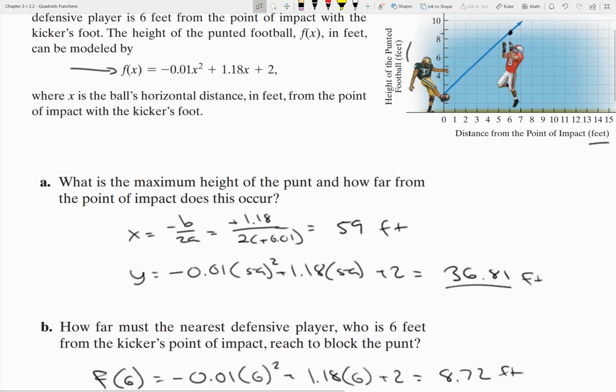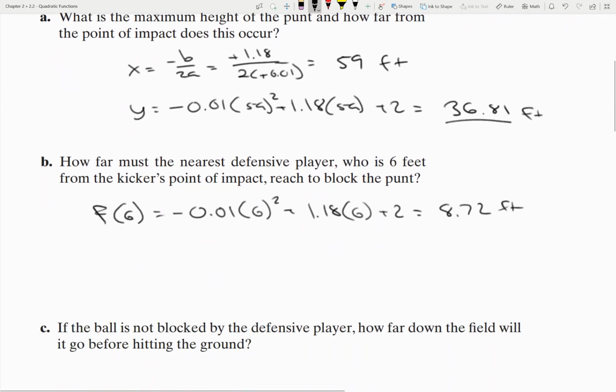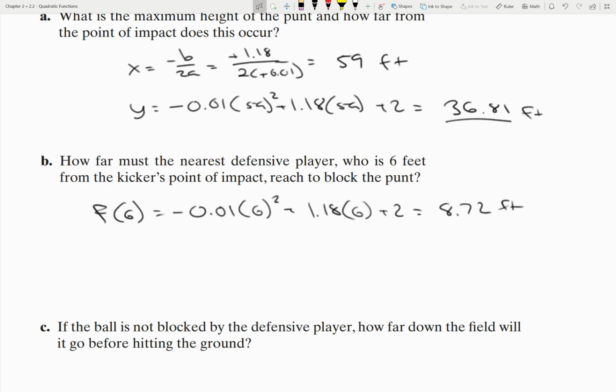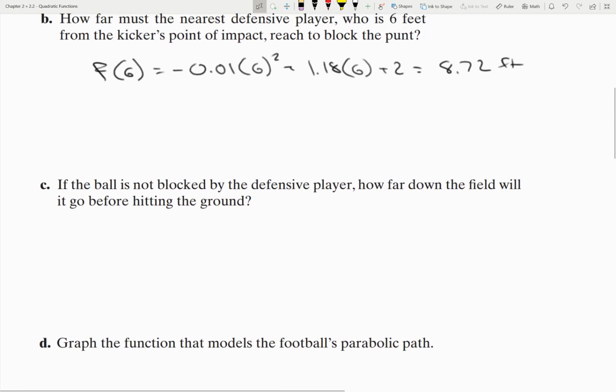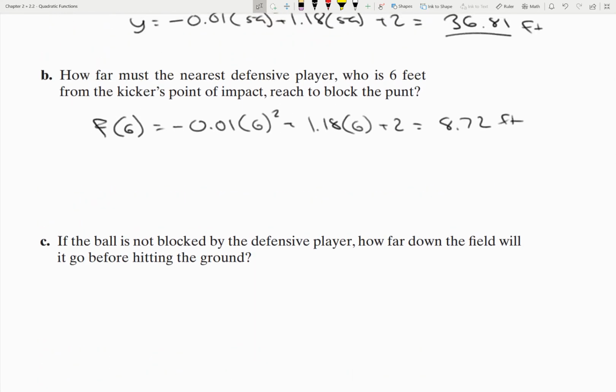So possible, right? If he's around 6 feet tall or so, and he puts his hands way up in the air, and then he jumps, he could get there. Never know. If the ball is not blocked by the defensive player, how far down the field will it go? Okay, well, now we're asking a different question. We're not asking for the vertex, we're asking for the spot that it lands.